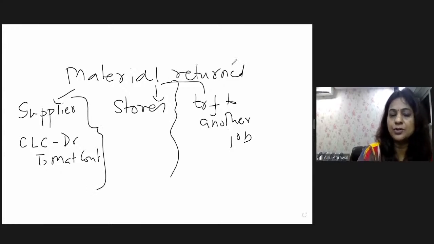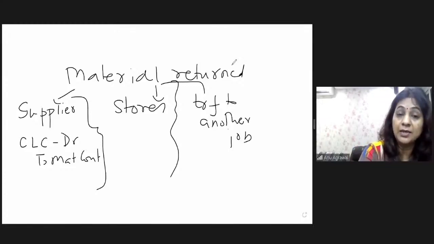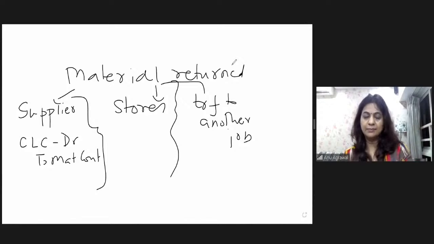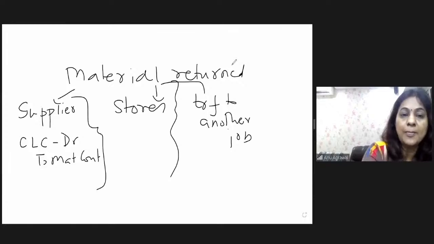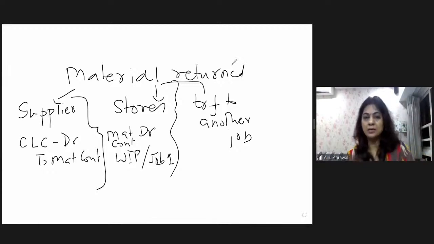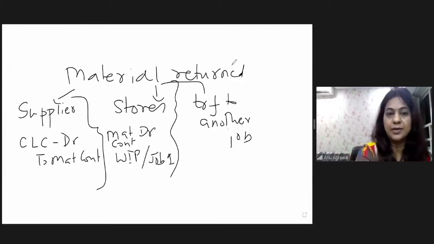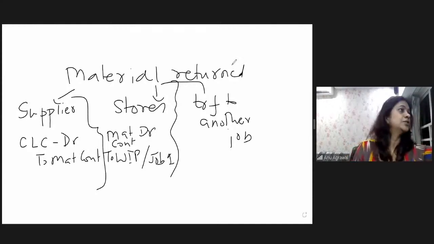If I return it back to the stores, then what do I do? It must be on some job, right? From that job, I've returned it back to the stores. So material control account debit and WIP control account, or you can say job, from job one, material goes back to the store.